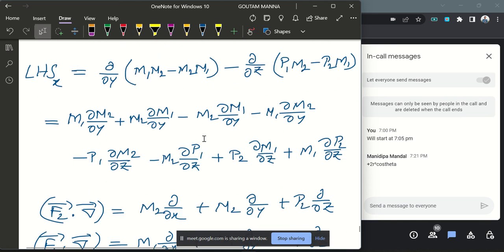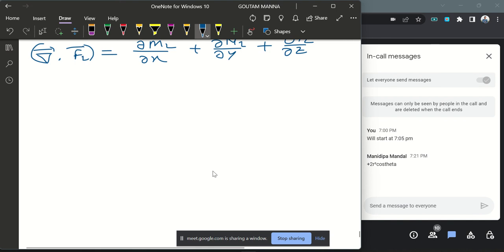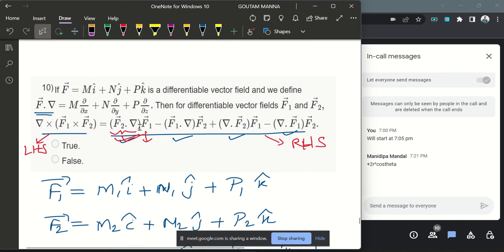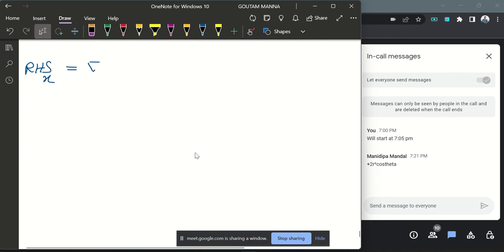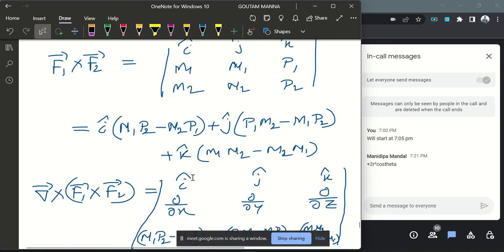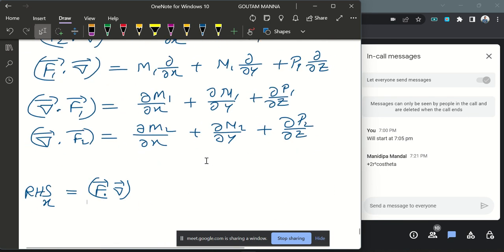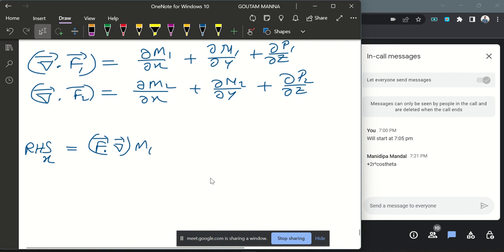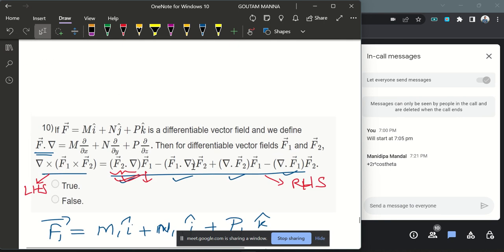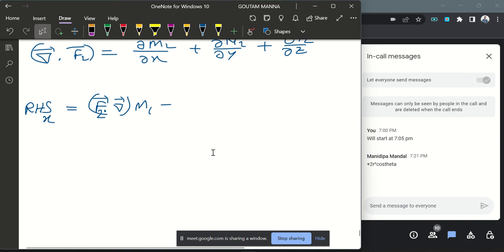So basically the x component of RHS will be F2 dot del, the x component of F1, that is M1, minus F1 dot this operator times the x component of F2, and that is M2.